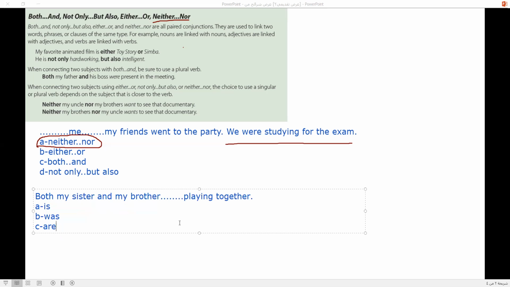Both my sister and my brother playing together. What do you think? Very good, Hanin. Yes, very good, Zaina. And are you sure, Jude? Both my sister and my brother. Very good, Siba.